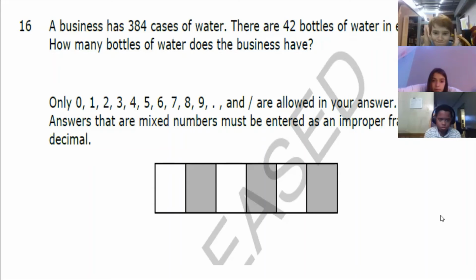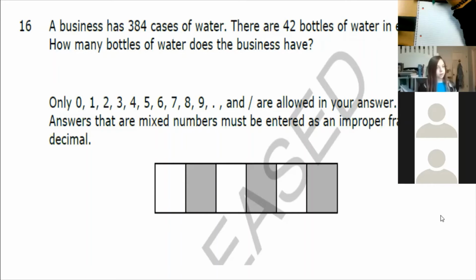The other question was how did you solve? The way I solved it was I saw 42 does not go into 38, so I thought, okay, I'm going to have to multiply. By the time I got to the right multiplication problem, I did 42 times 9 and got 378.